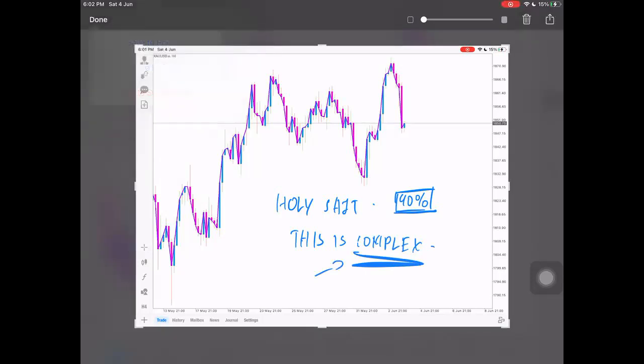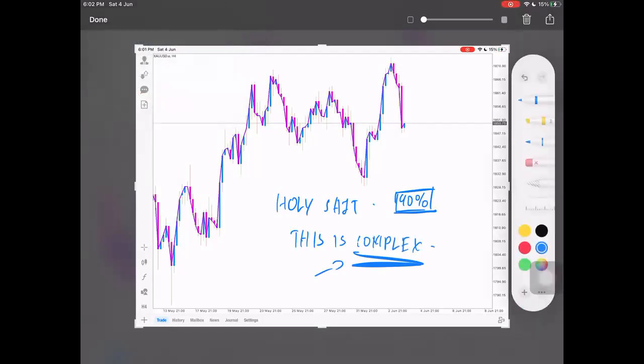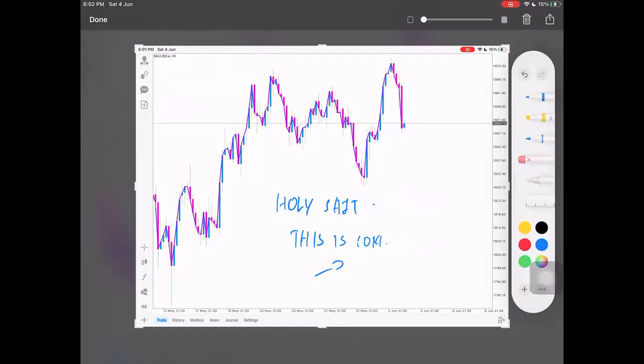So what are the key takeaway points from today? What are the key takeaway points? Number one, types of SNR.